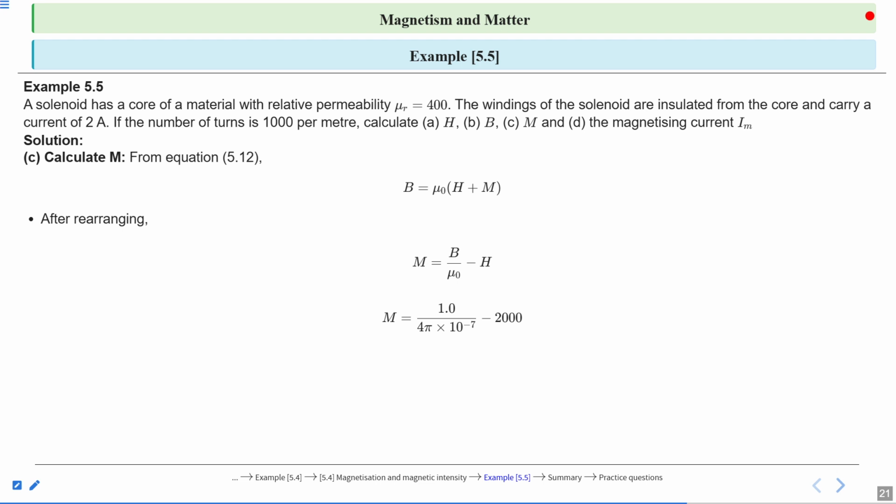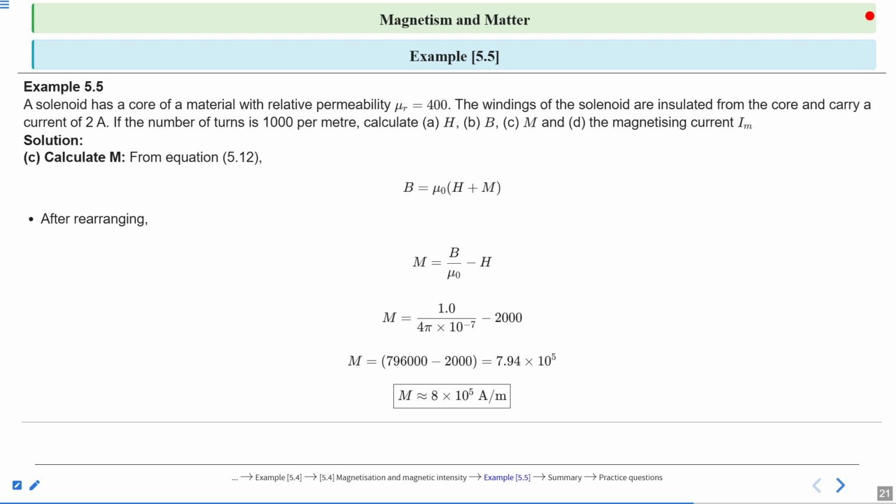After putting all the values, M will be 796000 minus 2000, which results in 7.94 into 10 raised to power 5. We can take the approximate value also, 8 into 10 raised to power 5 ampere per meter.